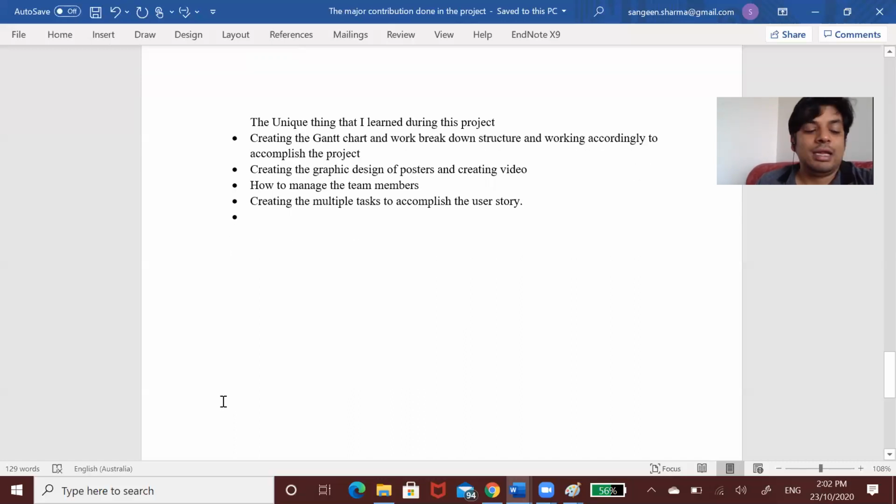That I really learned, to create the different tasks for the same user story. The user story can be broken down into different tasks, and we complete each task, and if we combine them all together, then we can accomplish the user story. This was the knowledge I got, and this was the unique thing that I did.